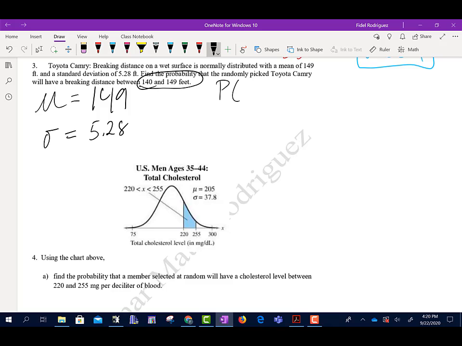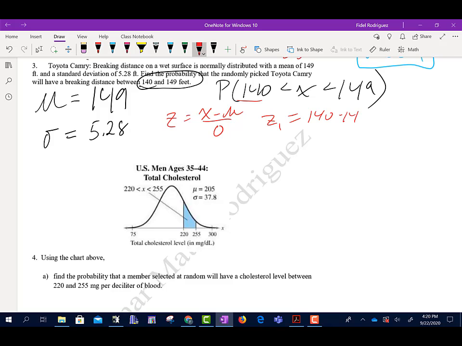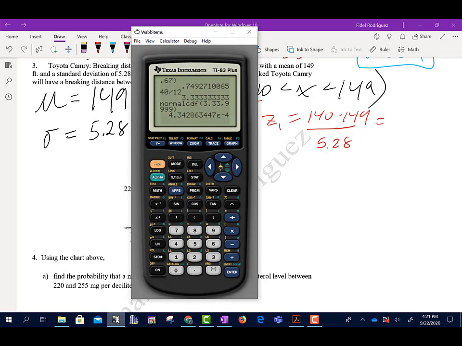Okay, so probability that my X value is going to be between 140 and 149. So the first thing we're going to do, we're going to change our X values into Z values, okay? So the first time, let's take our Z1. I'm going to call it Z1 because I got 2 of them. I'm going to take 140 minus 149 divided by 5.28, okay? So 140 minus 149, I know that's a negative 9, divided by 5.28.